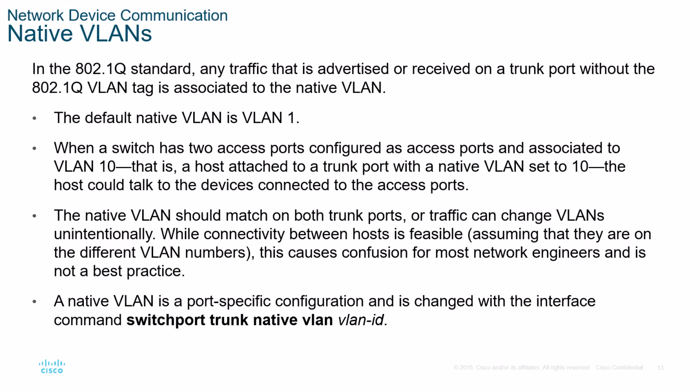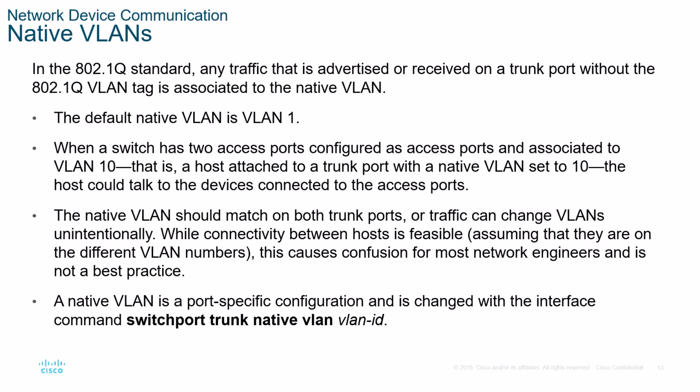By default, all switches use native VLAN 1. All switches, Juniper, Dell, Netgear, some random brand, the native VLAN out of the box should be VLAN 1. And again, any traffic that's advertised or received on a trunk port without a VLAN, we're going to assume belongs to that native VLAN.